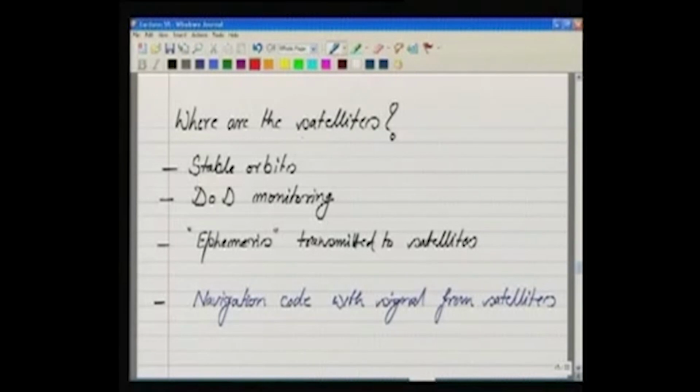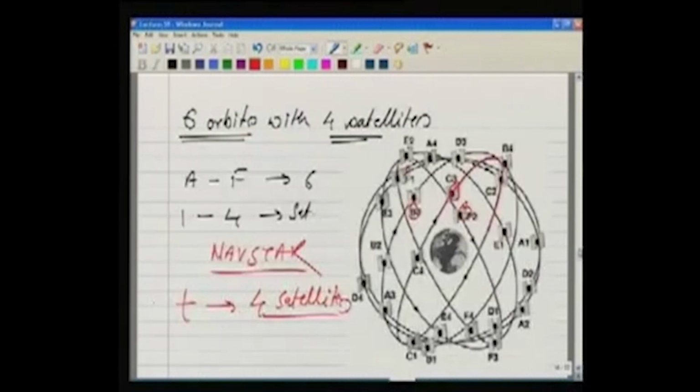Okay. Another question which we left there was, where are the satellites? Because we need the position of the satellites. Wherever the satellites are, we need their position, because while we are standing there on the earth with the receiver and measuring these distances from 4 satellites, I need to know their coordinates.